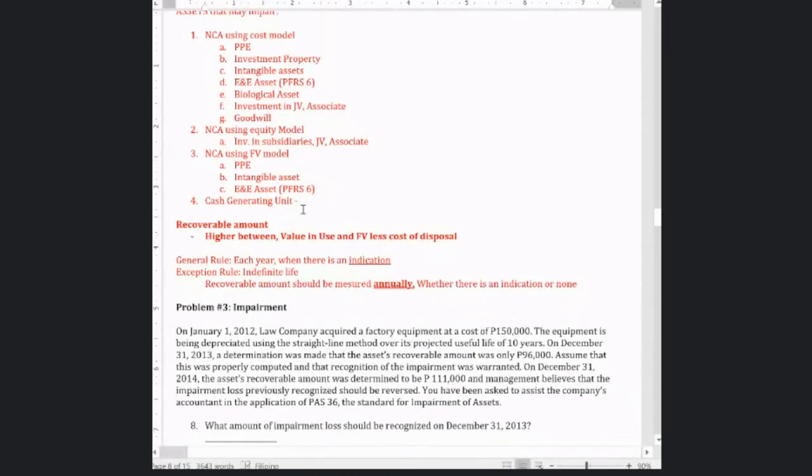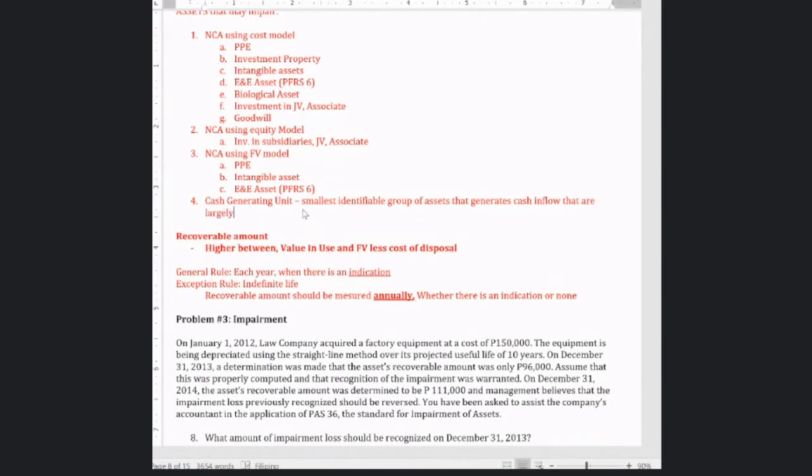Balikan natin. So, cash generating unit, ito yung smallest identifiable group of assets that generates cash inflow that are largely independent of the cash inflows from other assets or group of assets.